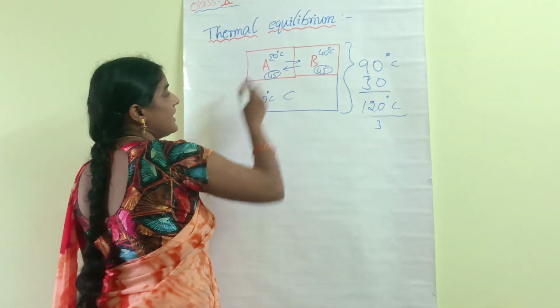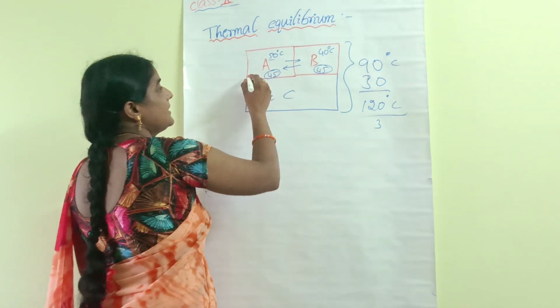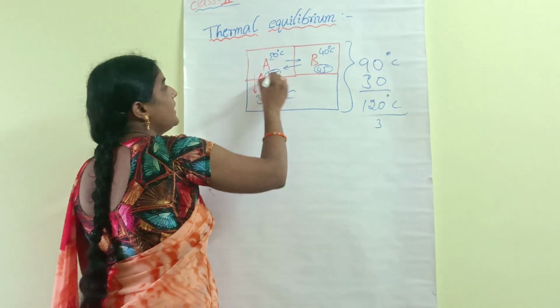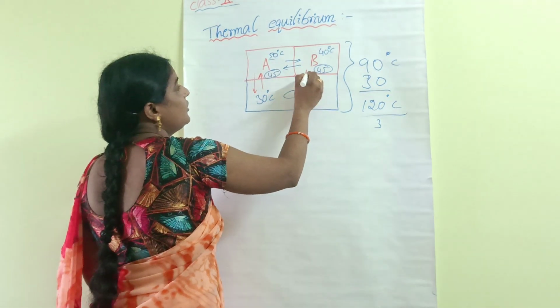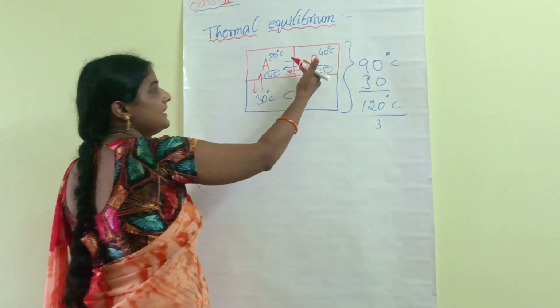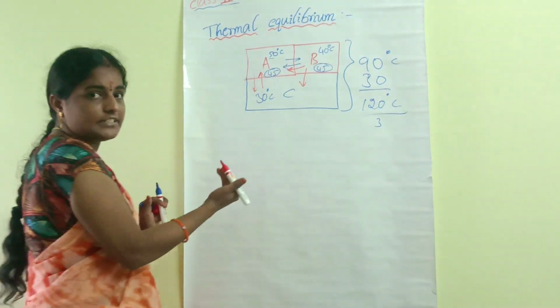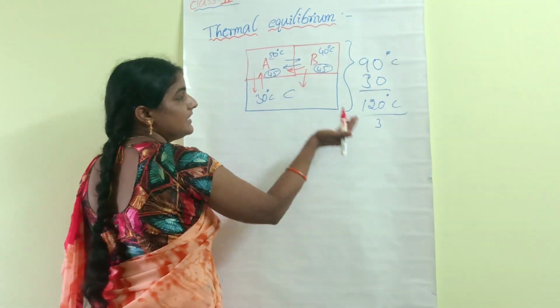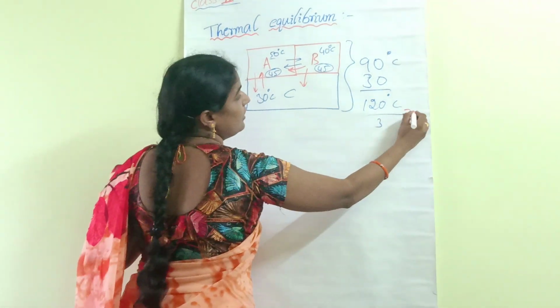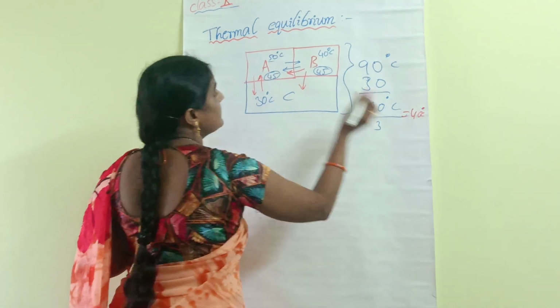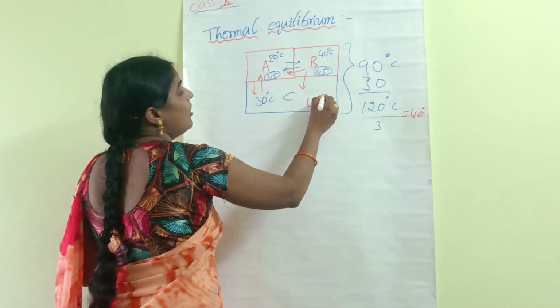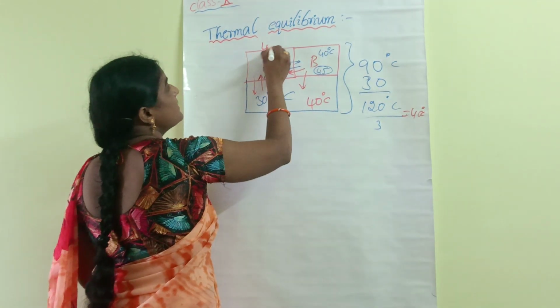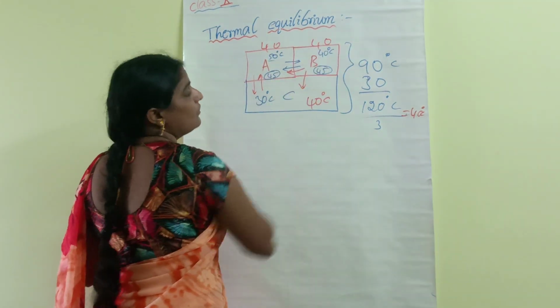So this transfer of heat energy takes place from one body to another body, from the higher temperature body to the lower temperature body. As you know, the average temperature for all of them is 40 degrees Celsius.